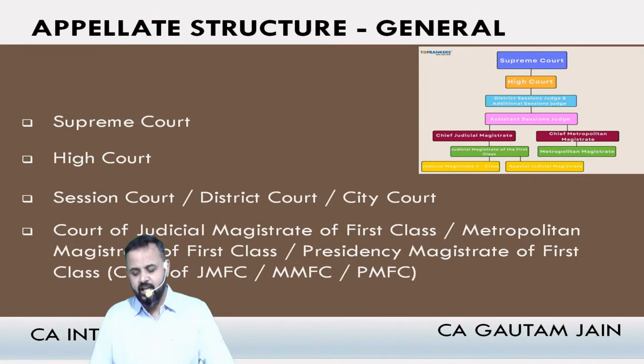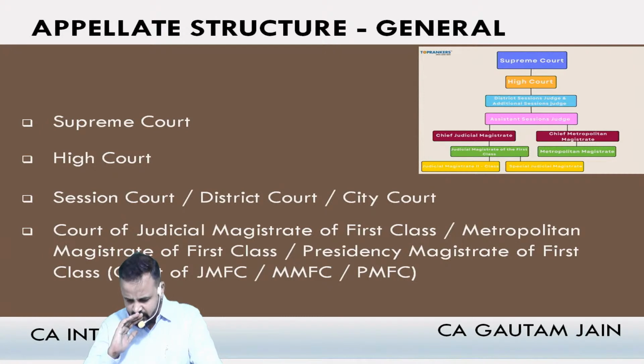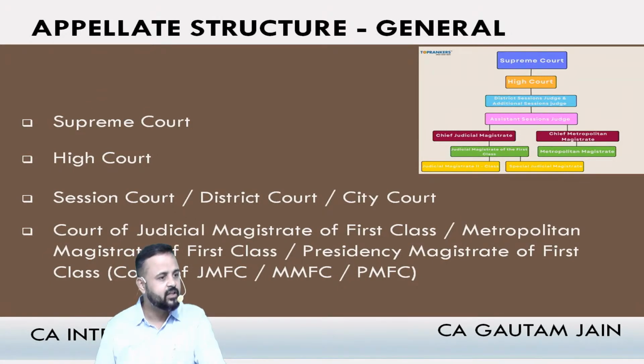Then, generally the appellate structure includes the Court of Judicial Magistrate of First Class, that is JMFC, or Presidency Magistrate of First Class, that is PMFC, or Metropolitan Magistrate of First Class. So this is the lower one we said, and above this, district court, city courts, or session courts, and above that we have got High Court, and the supreme authority, the apex court, is Supreme Court.